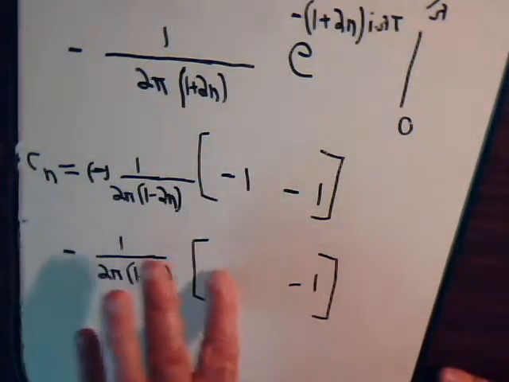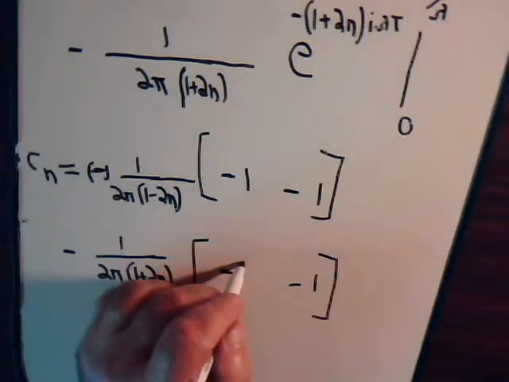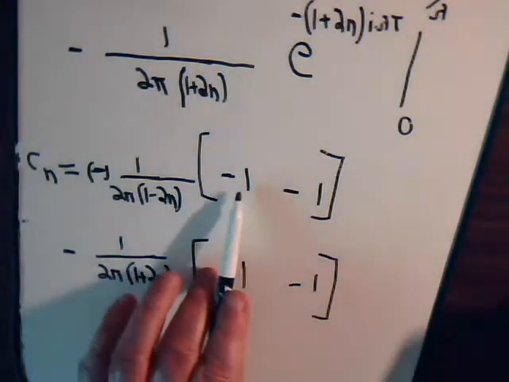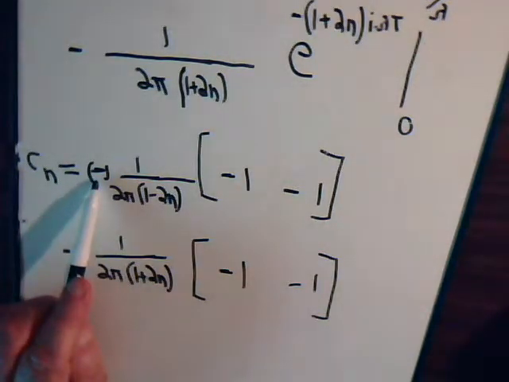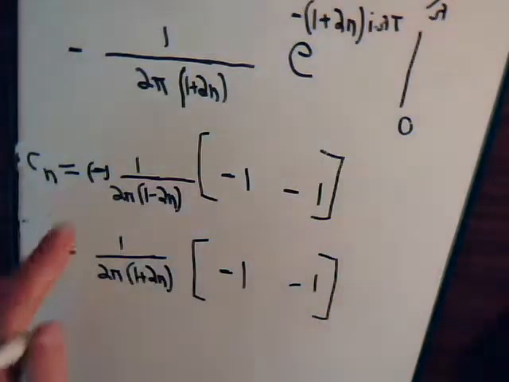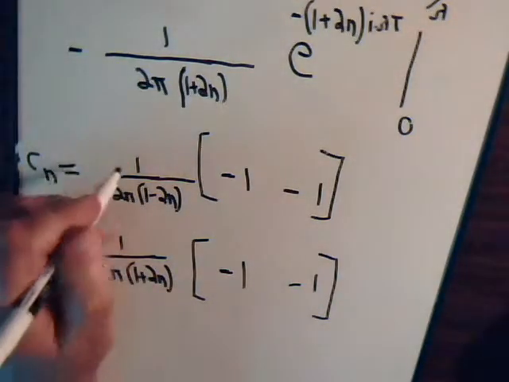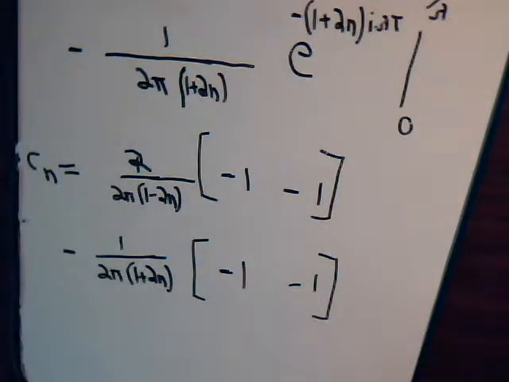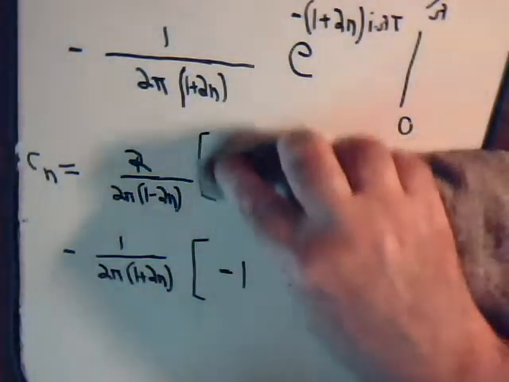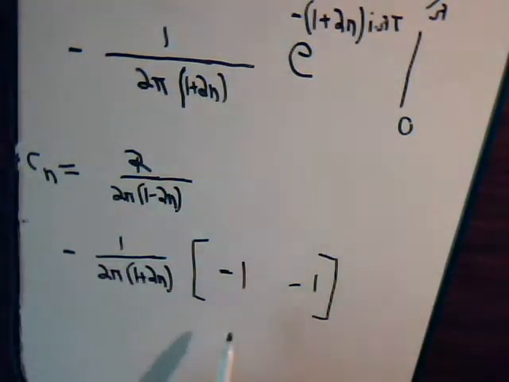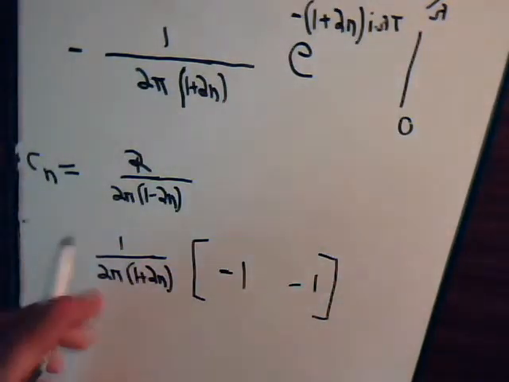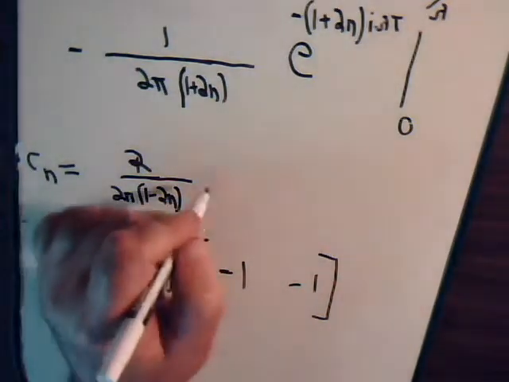-1, -1. So -1 minus 1 is -1 plus -1. That's -2 multiplied by this. It gives us +2. And this goes away. And from here, we have -1 minus -1 is -2. This is +2.